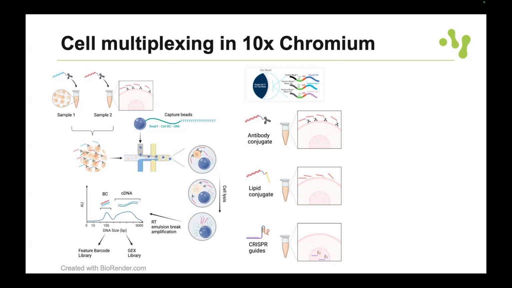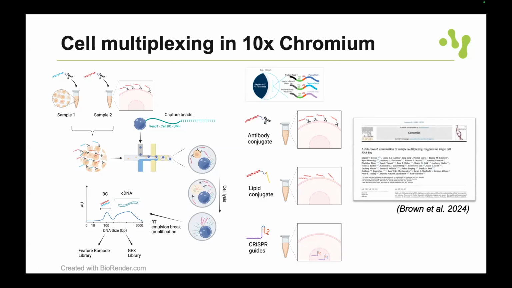Normally we don't recommend going to what they claim is the full capacity, but to have a trade-off between the doublets and getting better quality data, because at the end of the day, that is much more valuable. So this was cell multiplexing.